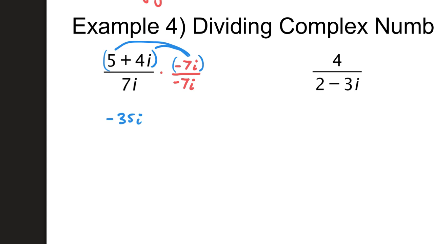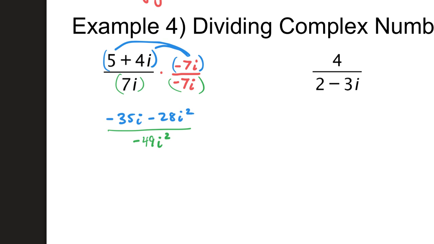And positive 4i times negative 7i is negative 28i squared. On the bottom, I'm going to take this negative 7i and multiply it by positive 7i. Numbers times numbers gives negative 49, and variables times variables gives i squared.